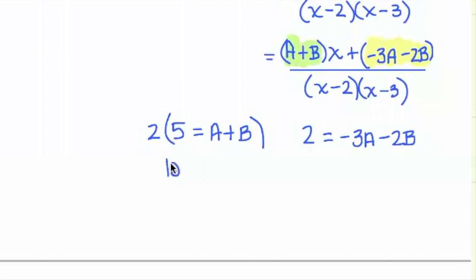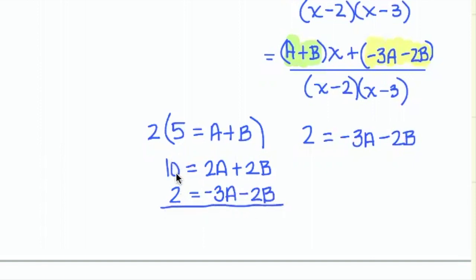So 2 times 5 is 10, 2 times A is 2A, 2 times B is 2B. When I line up the other equation directly underneath and then combine the equations, I get 10 plus 2 is 12, 2A take away 3A is negative A, and the B's are eliminated.